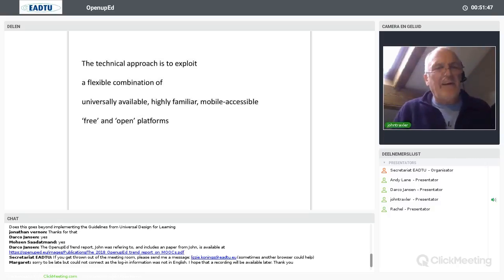So how can one build a MOOC that exploits a mass of stuff that's free, but also a mass of stuff that people are confident with, familiar with, already using? How can we build on the momentum of that rather than disregarding it and starting with something of our own?